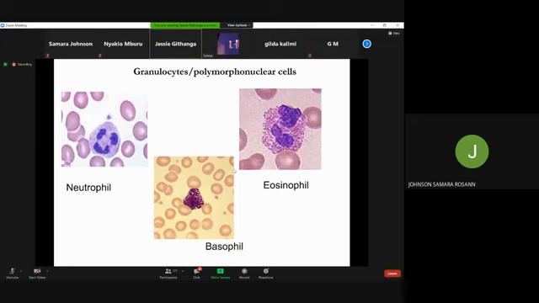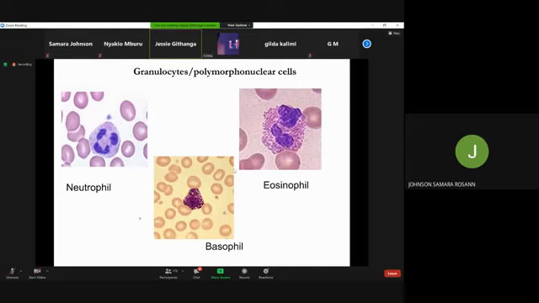Again, when we finish the lecture, I will encourage you to go onto atlases. There are several good descriptions on the internet, and you'll be able to see the color of these reddish orange or salmon pink granules. That's the major differentiation between the eosinophil and neutrophil: the granules in the cytoplasm, not the nuclear lobulation. And that's where the name eosinophil comes from. It is an acidophilic granule.